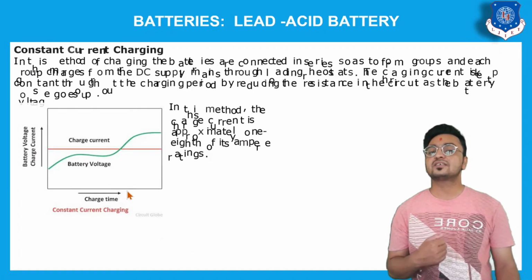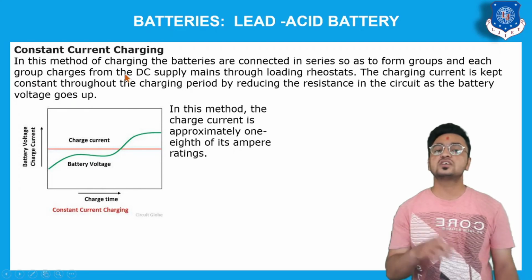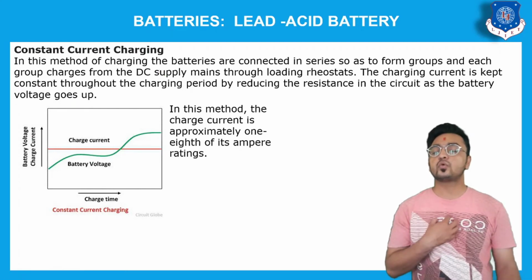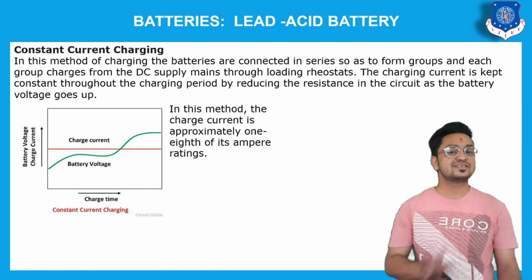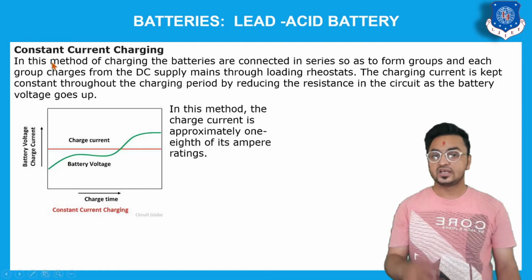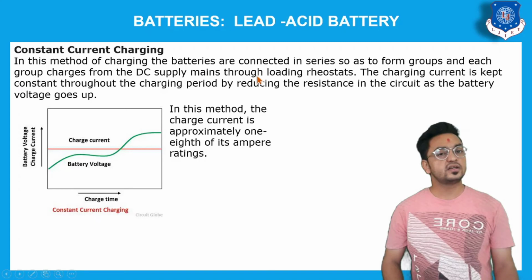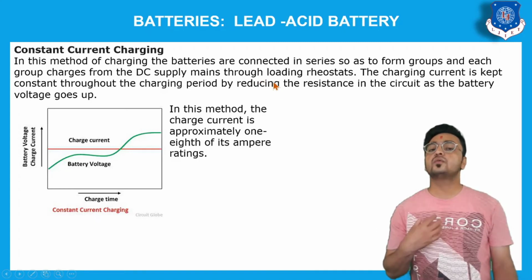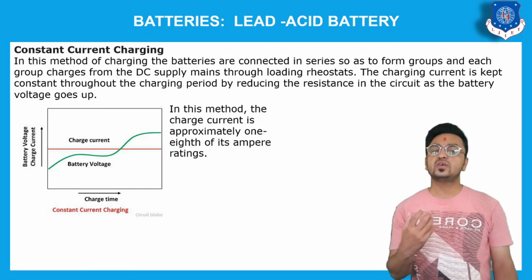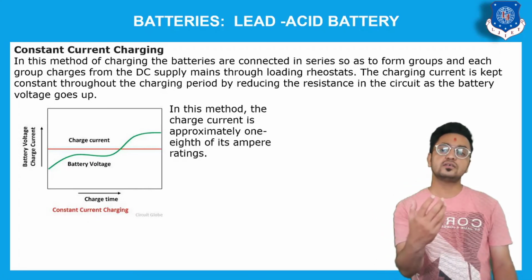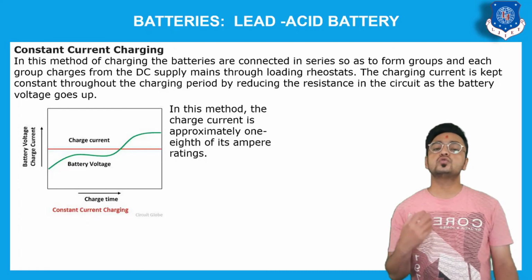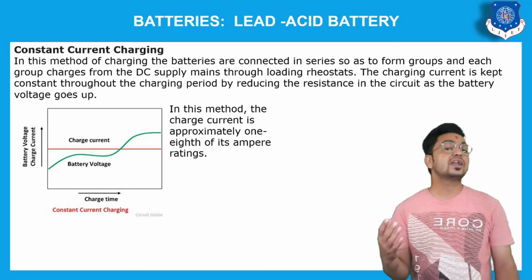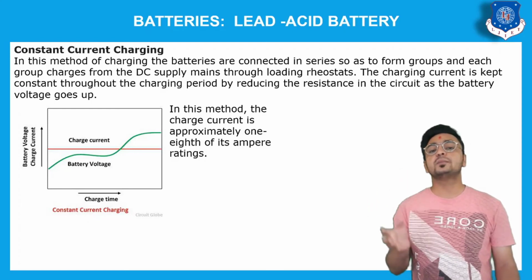And now if we discuss the next method, that is constant current charging, and as the name indicates, here we are going to provide a constant current while charging the battery. So in this method the batteries are connected in series, because when we want to charge a battery with constant current, but at a time we want to charge multiple batteries, we cannot connect multiple batteries in parallel.